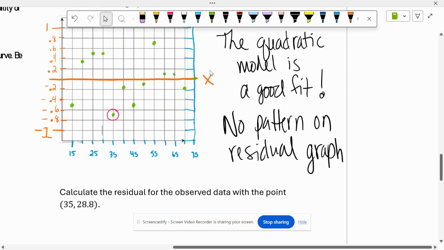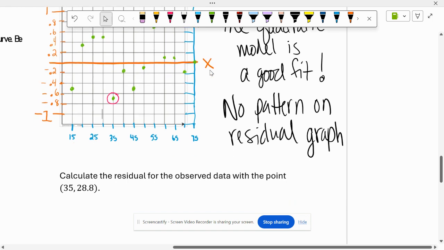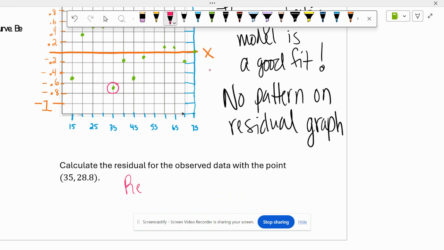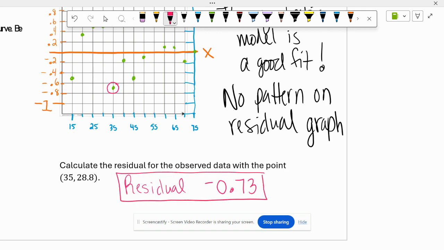It's about negative 0.7. You guys wrote it on your table. What was your residual value when x was 35? Okay, there you go, negative 0.73. You don't have to do any calculations. It's already in your graph. It's already plotted for you and it's posted on your table. Okay.